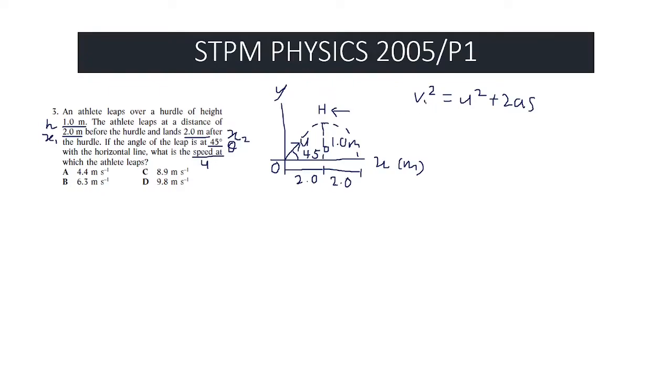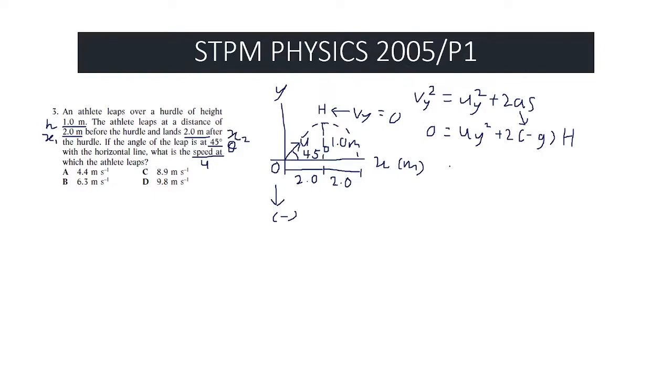We have vy and uy, and we know that at the maximum height vy is equal to 0, so 0 equals uy squared plus 2 times negative g times H. This g is the acceleration due to gravity, and the reason it is negative is we define the downward direction as negative, so this becomes a minus sign here.